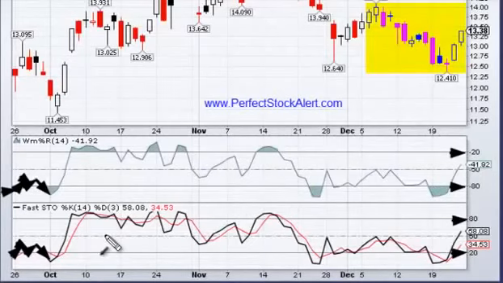However, George Lane, the creator of the fast stoch, based his divergence on the percent D. So his entire theory is based on divergence of the percent D, which is the red line, and that's not being duplicated by the Williams percent R. So I would argue, or at least it could be debated, that you shouldn't attempt to do divergence analysis the same way on Williams percent R that you would on the fast stochastic.